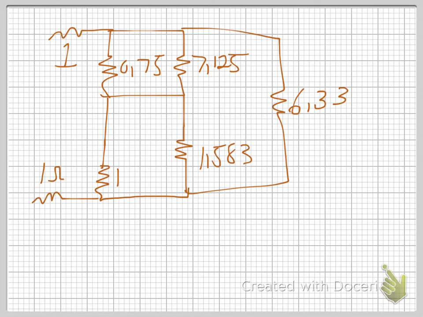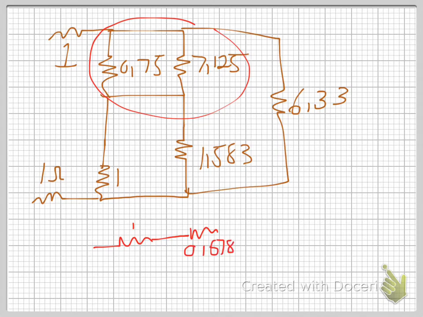Okay, so our R equivalent up here is 0.75 by 7.125 over 0.75 plus 7.125, which is 0.6786.